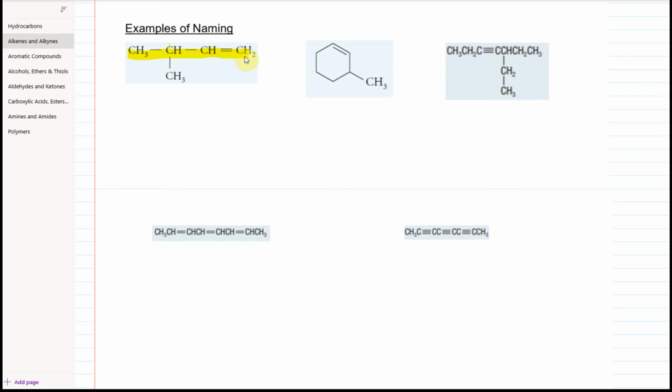Now we're going to number from this side because we want the lowest possible numbering on the double bond. The substituents are important, but the double bond takes priority over the substituents. So we'll have a double bond on 1 and a methyl on 3.